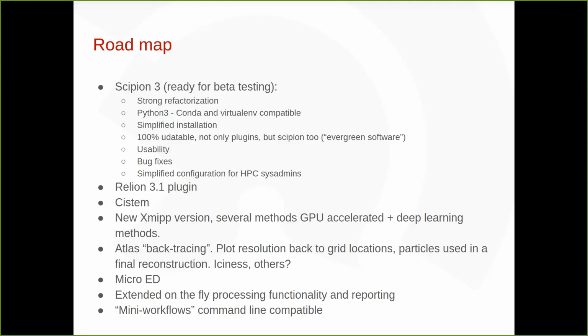And another thing is, I call that mini workflows, but I don't know still the final name. But we've seen that the Scipion could be overwhelming when you install a Scipion and you see all the options. It could be too much, the learning curve could be high.